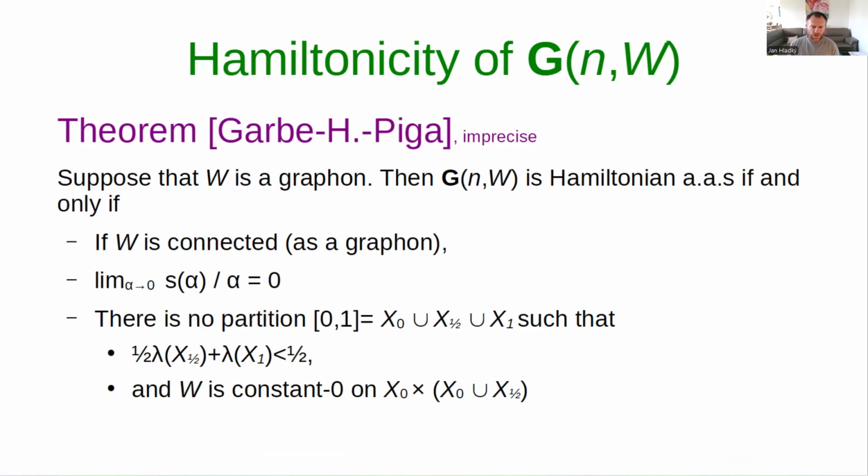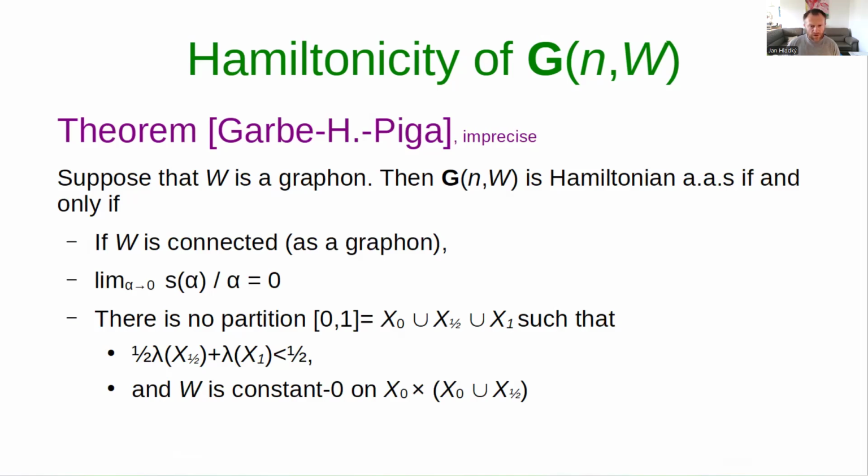The first two of them we saw in the theorem with Gopal Viswanathan. That is, the graphon is connected and the low degree vertices have a light tail.